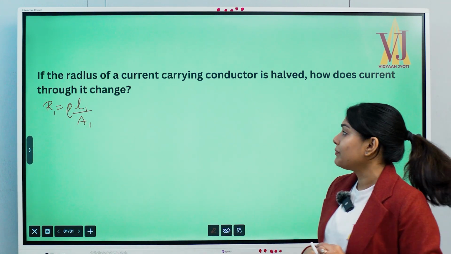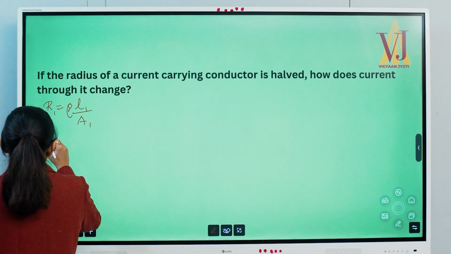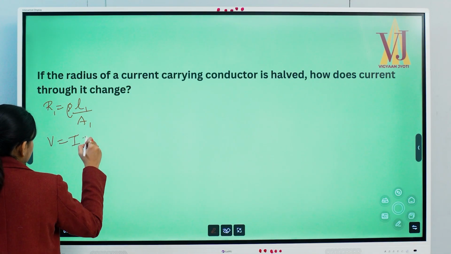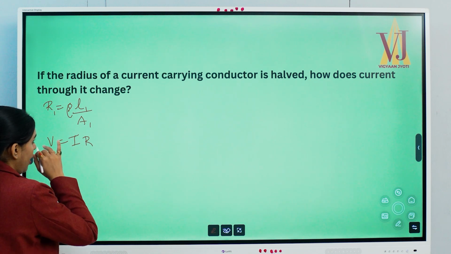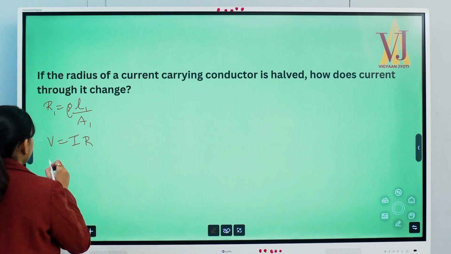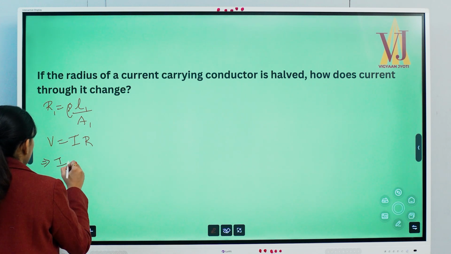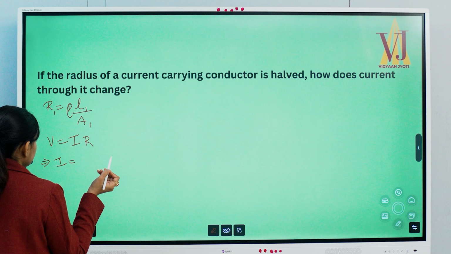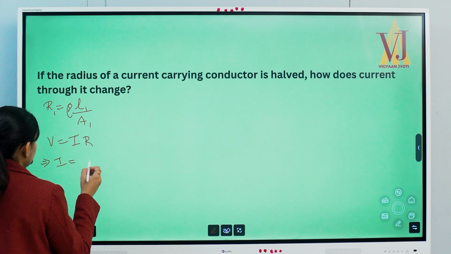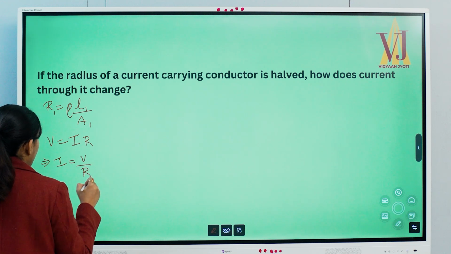Let's see. First of all, we have to keep Ohm's law in our mind. That means we need to establish the relation between resistance and current, keeping the voltage constant. So I equals V by R.